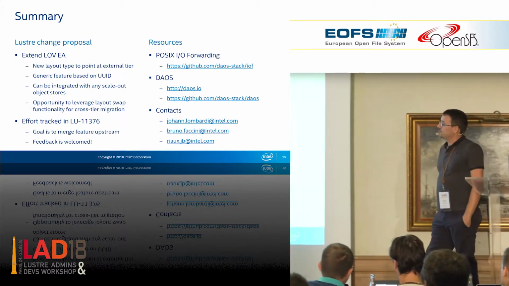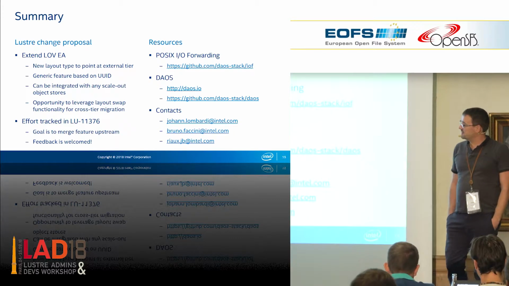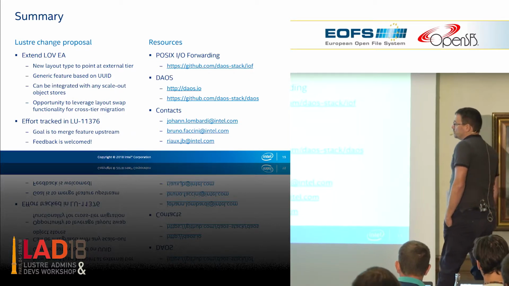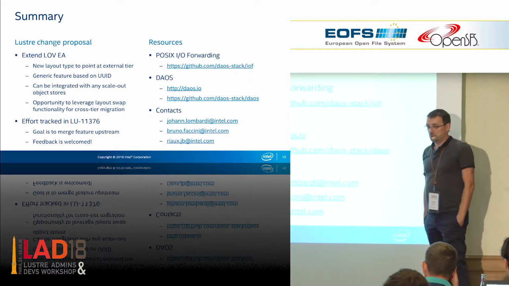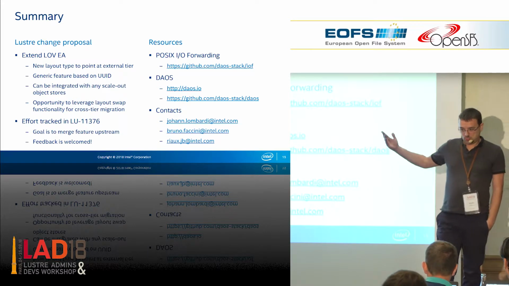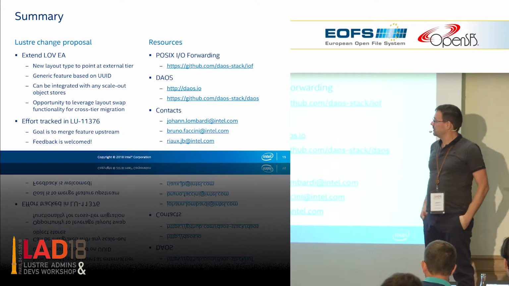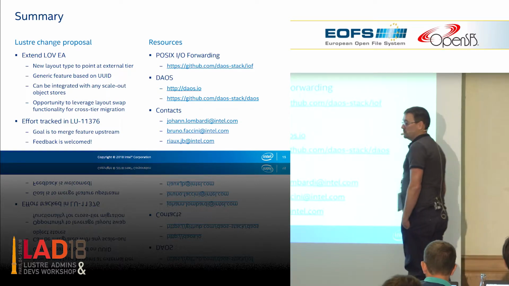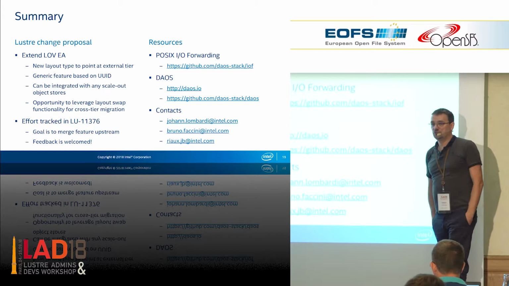So as a summary, we are working on trying to extend the LOVEA to introduce this new feature: a new layout type to point at an external tier in general, which can be generic. This functionality can also be used by HSM, which currently uses a separate extended attribute for the archive ID.